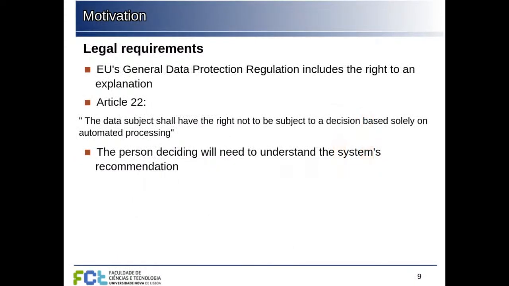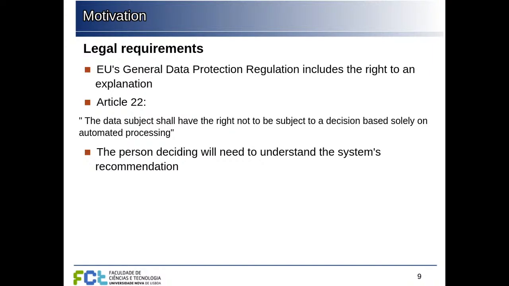There are also legal requirements for transparency and explanations, interpretation of these models. The General Data Protection Regulation, not in legally binding parts, but at least in the recitals, includes the right to an explanation. So the idea is that if someone decides something about you, for example, you ask for credit to buy a house and the bank denies that, you have the right to ask why you were denied credit.